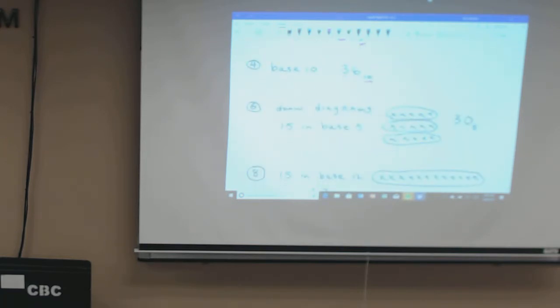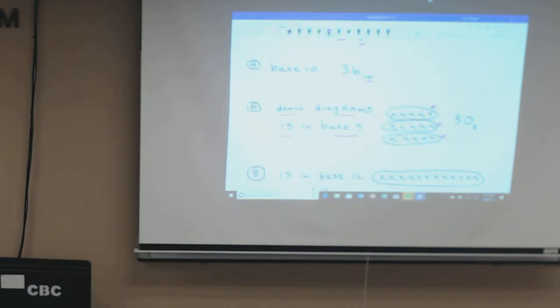So problem 6. Draw a picture, draw a diagram is what it said to do, like problems 1 through 4. So draw a diagram for 15 in base 5. If it's base 5, that means I'm going to have circles of 5. So what I really do is I can make X's easier than I can make asterisks.